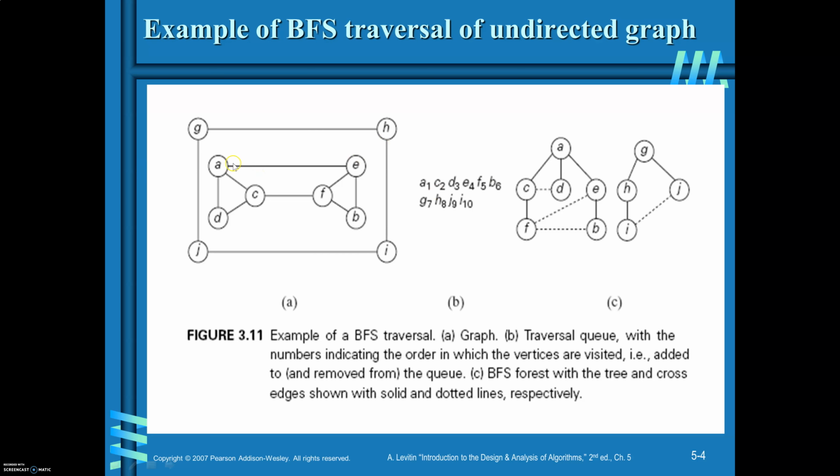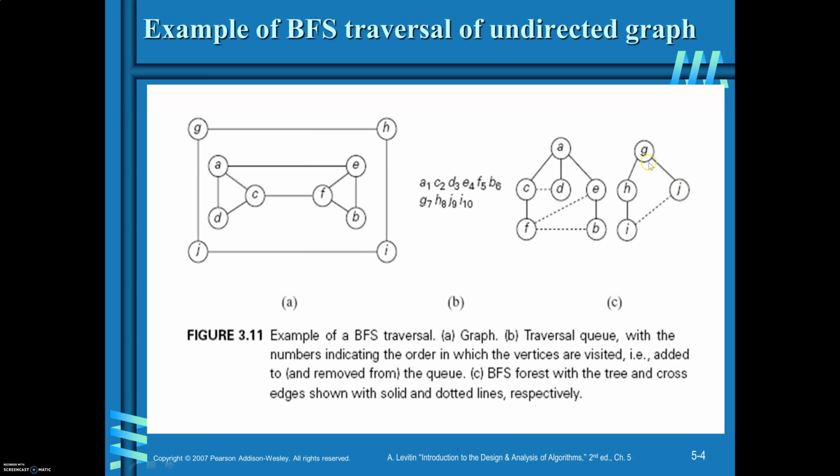But there are some more vertices which are not marked with any value. So first, start with G. So insert G into the queue. For G, the adjacent vertices are H and J. So insert H and J into the queue.